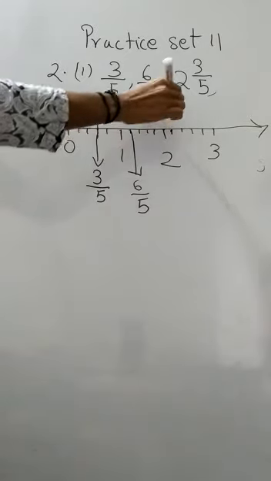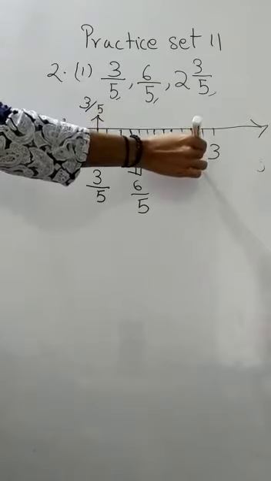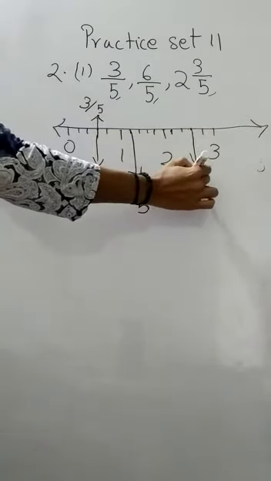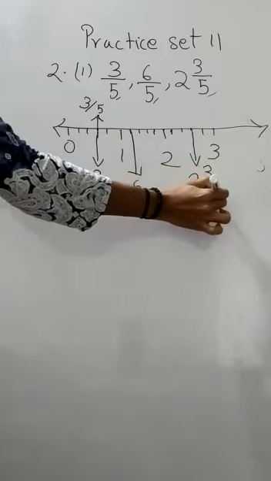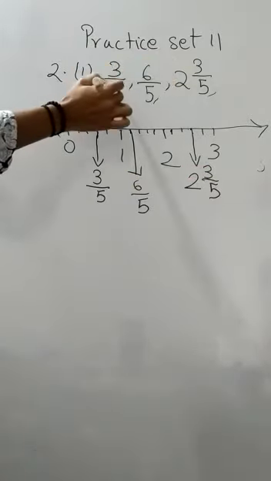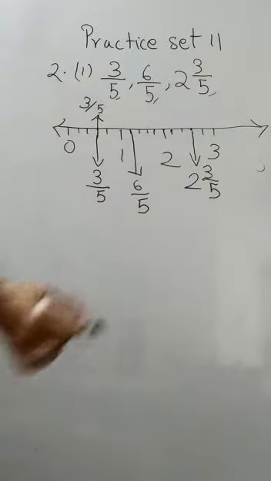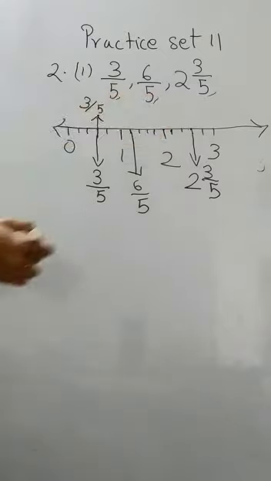Then 3 by 5 means 1, 2, 3. So this will be 2 and 3 by 5. So this is how you show these 2 fractions and a mixed number on the number line. Okay. So this is how you do.